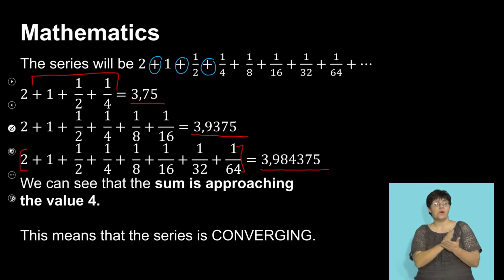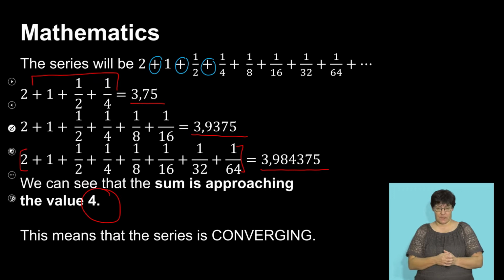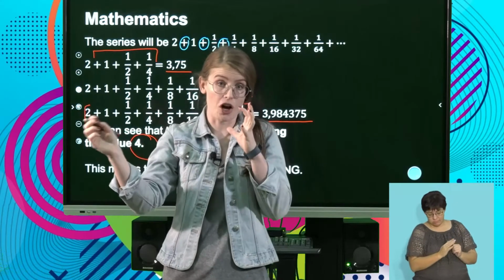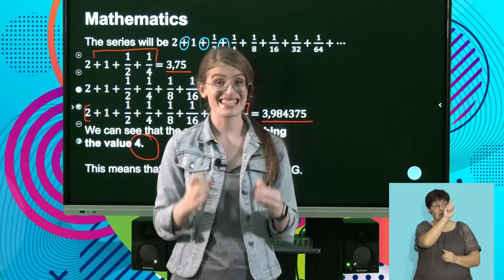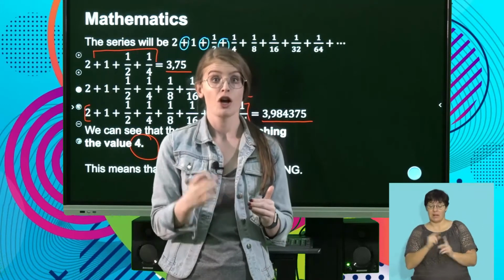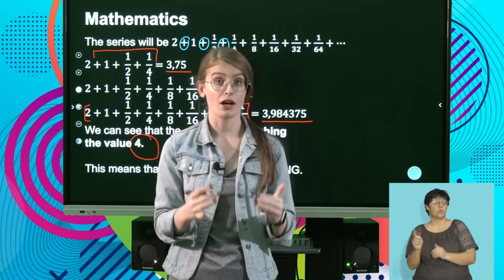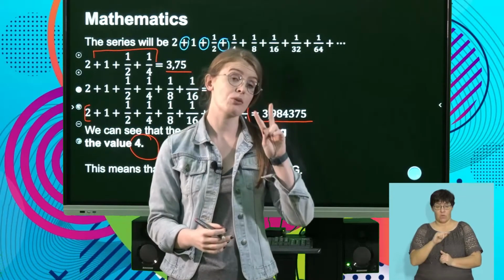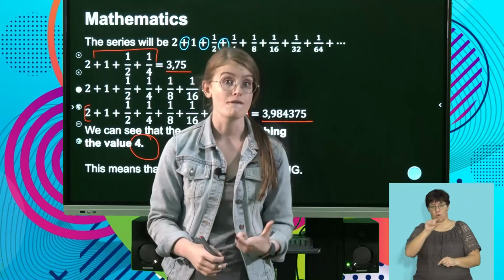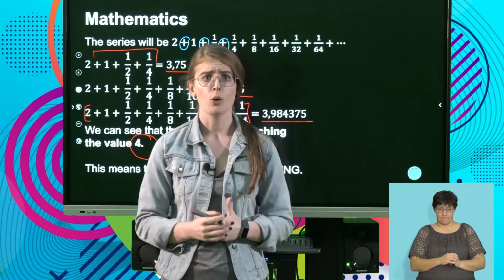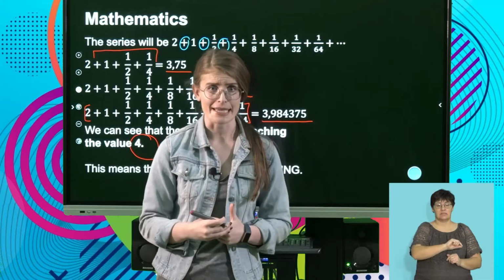I'm sure that you will all agree with me that this sum is approaching the value of 4. So everyone, as the terms themselves went on and on and on, the terms became closer and closer to zero. But the sum of these terms continued to become closer and closer to 4. Because these two properties have been met, we can say that the series is converging. Let's look at what a diverging series is.